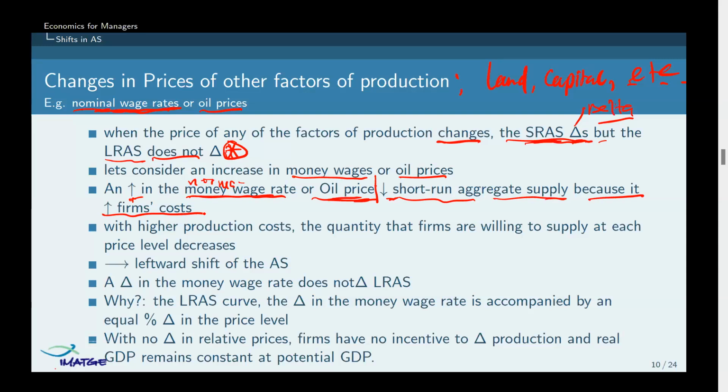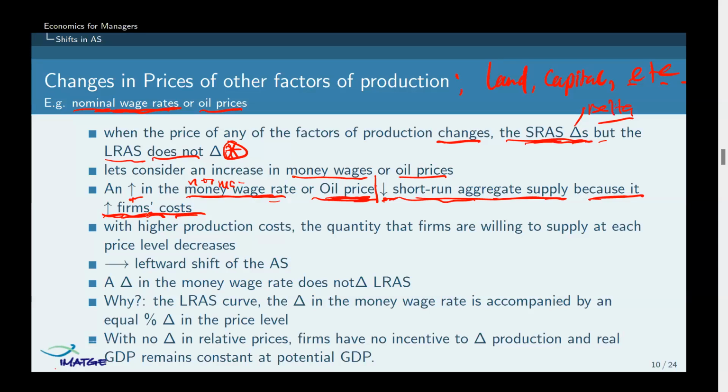Thank you so much for the contribution, because remember, oil, coal, even electricity, they are all energy products, right? So they are categorized in the same way, they affect the economy almost in a similar way, right? So we are saying an increase in money wage or oil price reduces short-run aggregate supply because it increases firms' cost.